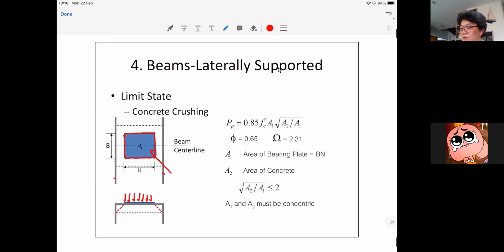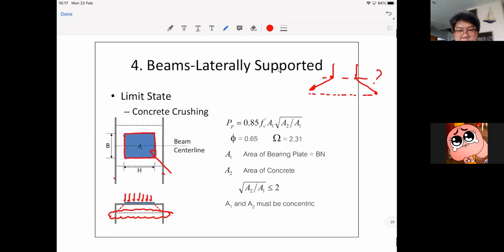The area of the concrete that will actually undertake the pressure is going to be bigger than A1, because the stress coming in like this, once it reaches the face of the concrete, will be distributed outward like that. And somewhere down below, the failure will occur. So the question mark is again, what is this distribution?